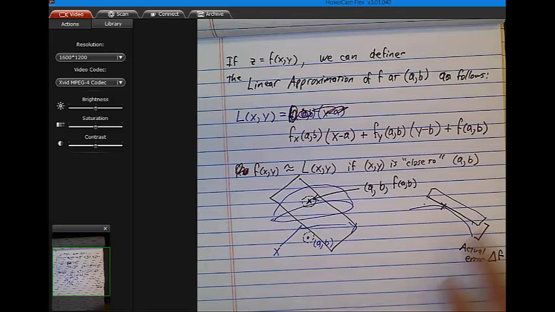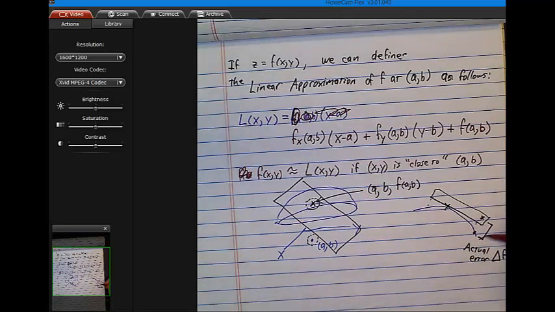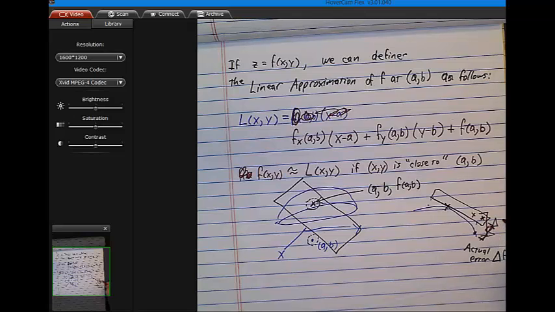How far away my linear approximation is from the actual value. But actually, I don't like the picture I just drew, because I feel like I should draw things vertically. That's the error, delta f.